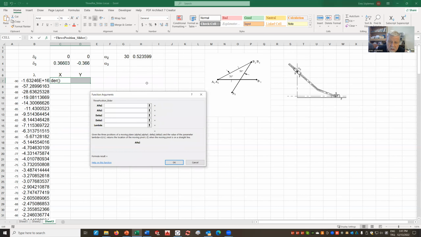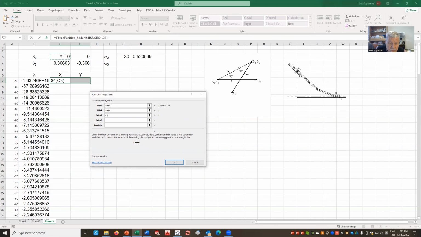Now, mark, oh, I haven't written alpha 2. Okay, I'll do it again. Alpha 2 is this value. I have to press F4 because it's not going to change as you change lambda. Alpha 3, I am going to write that value over here. So I'll keep it like that. Later I will add that. I forgot to write alpha 3, so it's okay.